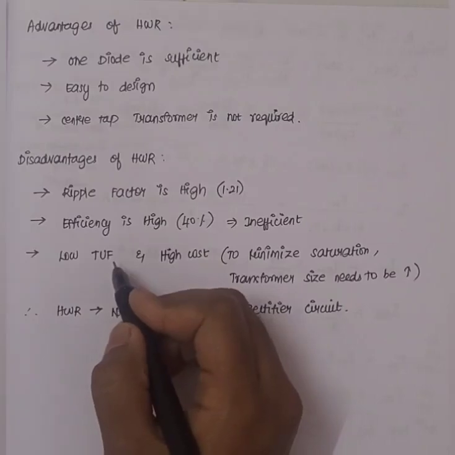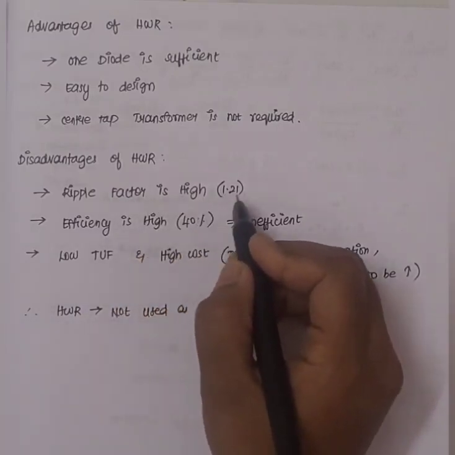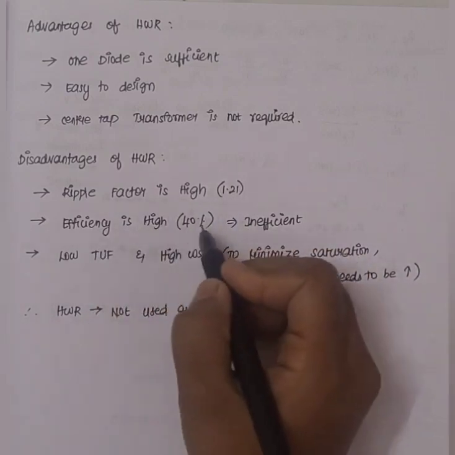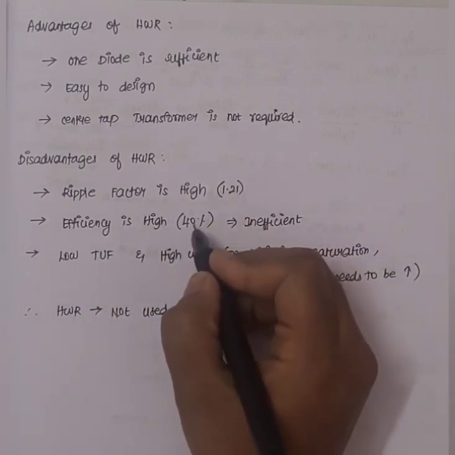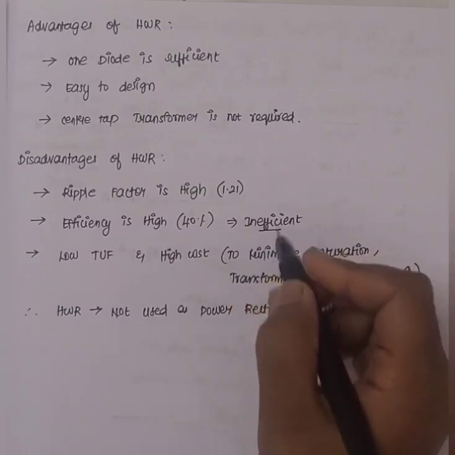Moving to the disadvantages of the half-wave rectifier, the ripple factor is very high, that is 1.21, and the efficiency is low, that is 40%, which means 60% of the output will be just ripples, which makes this circuit inefficient.